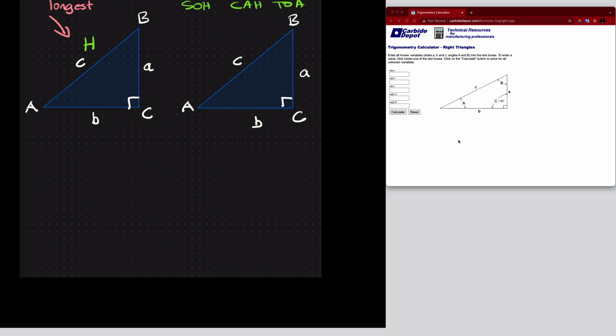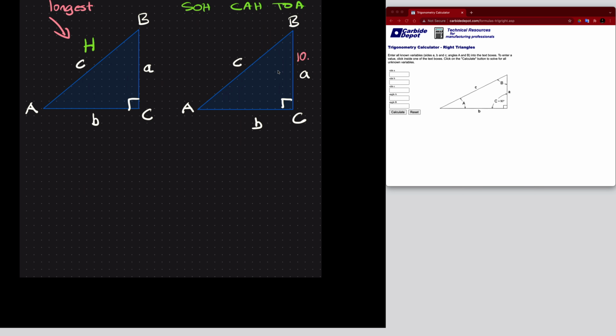So let's start off with doing this triangle on the right, and we will say that you're given sides A and B. So you're given the 2 shorter sides. So let's just choose any 2 random numbers. I'll choose 10.4 for A and 18.6 for B.